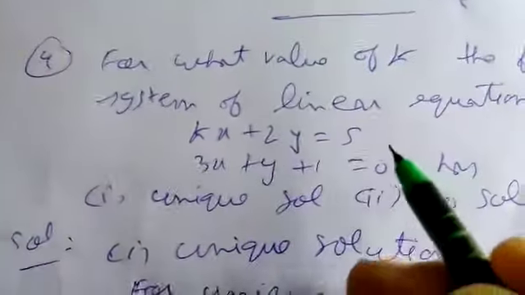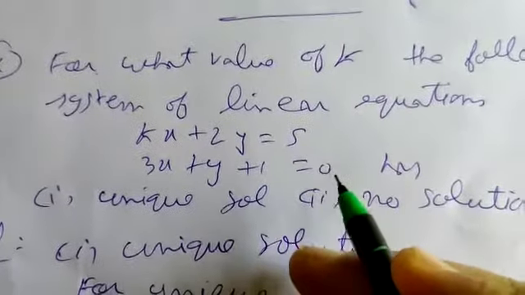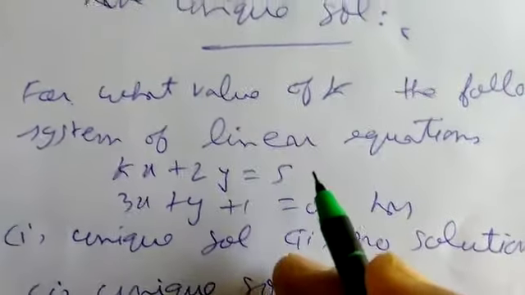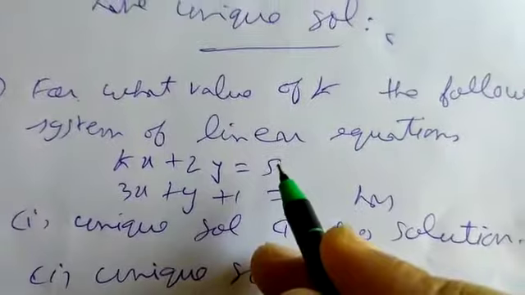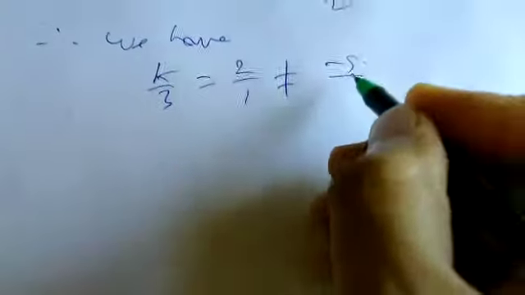What is a1 by a2? k by 3. k by 3 is equal to b1 by b2. What is b1 by b2? 2 by 1, and not equal to c1 by c2.